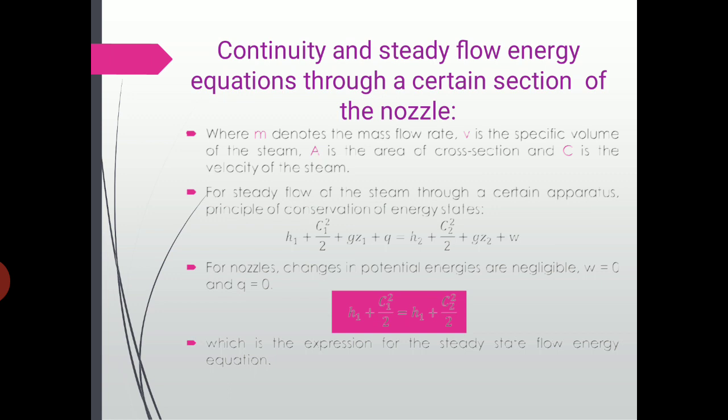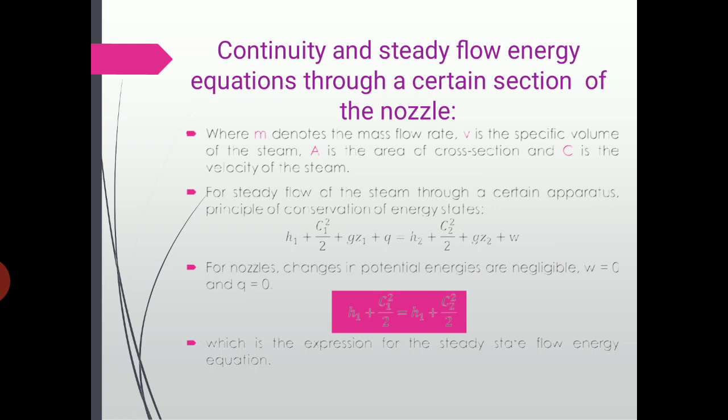Energy at the inlet will be equal to energy at the outlet. So energy at the entrance will be equal to energy at the exit.